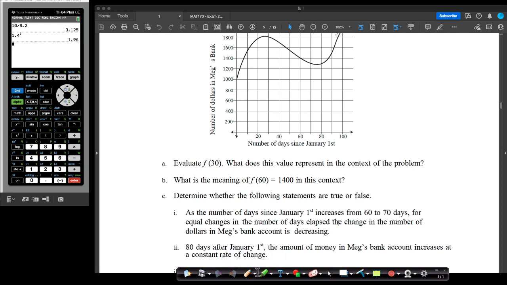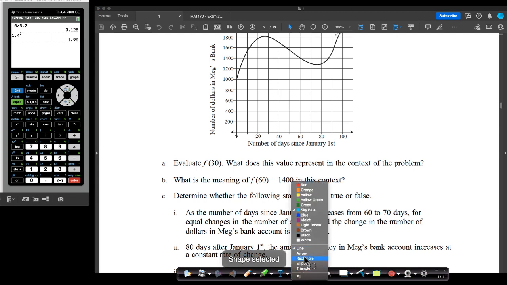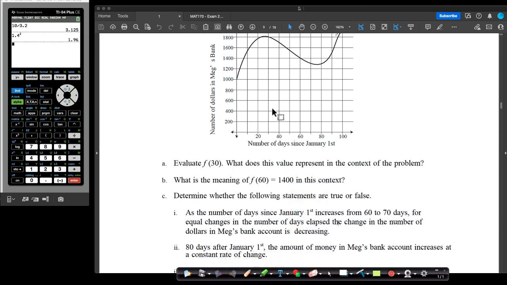I think I can, let's see, where are my lines? Here we go. I'm going to select lines. Let's go with red lines. So we kind of look at the rate of change here. It would be kind of a straight line like that, because thinking about the rate of change would be like a tangent line.